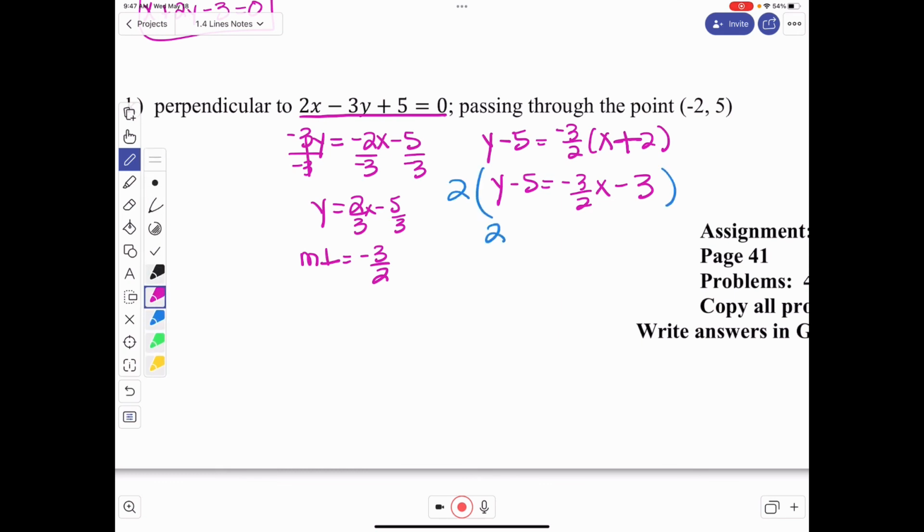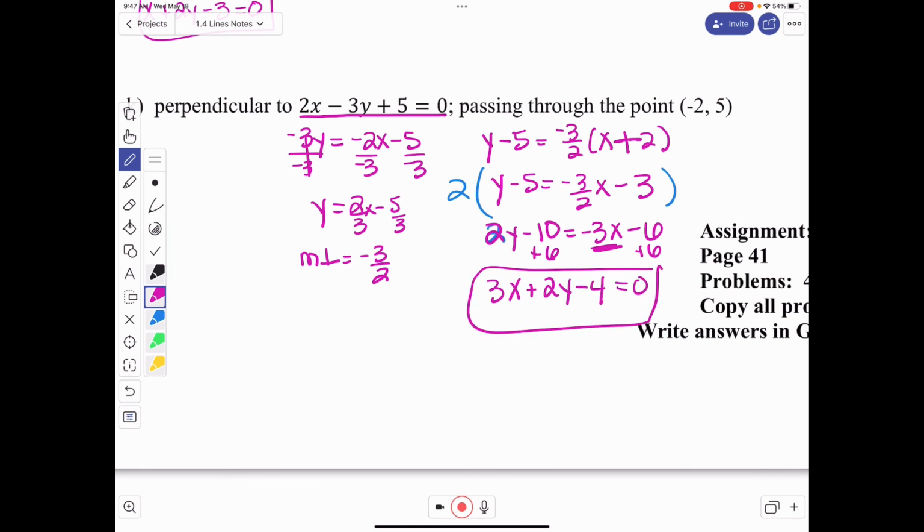So I'll get 2y minus 10 equals negative 3x minus 6. And then I want to move this to the right side, so it'll be 3x plus 2y. I'm going to add my 6. And then minus 4 equals 0. And that will conclude this section.